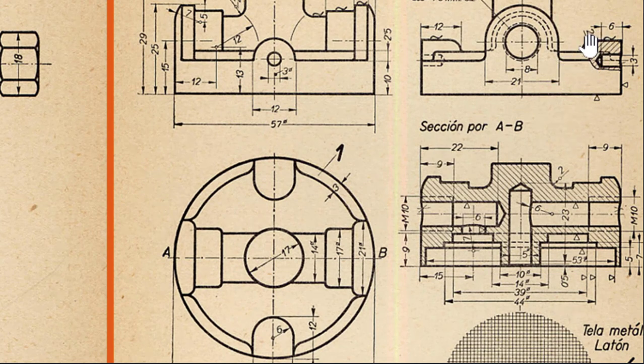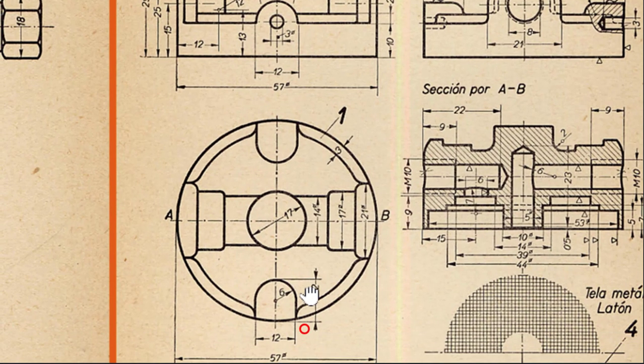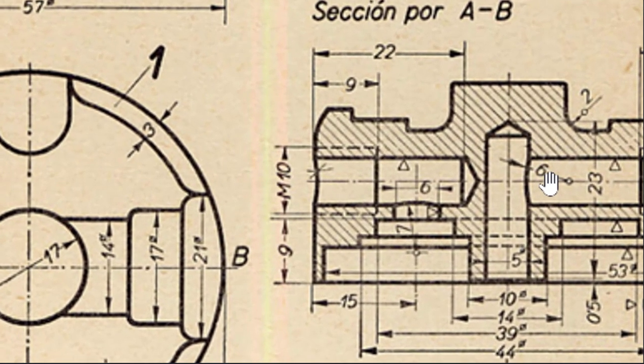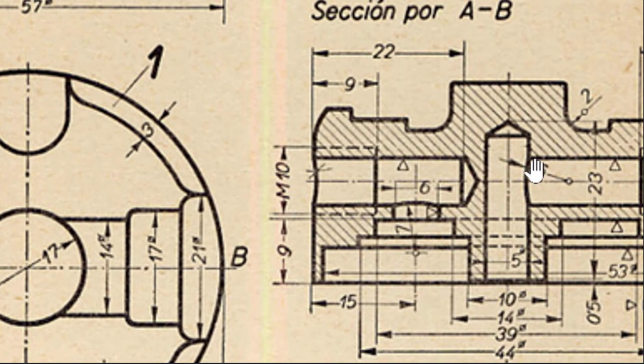We'll use a spherical radius of 12 minus 6, which means 6. This is not normal. This is a resulting edge. We don't dimension in a drawing this kind of dimensions.